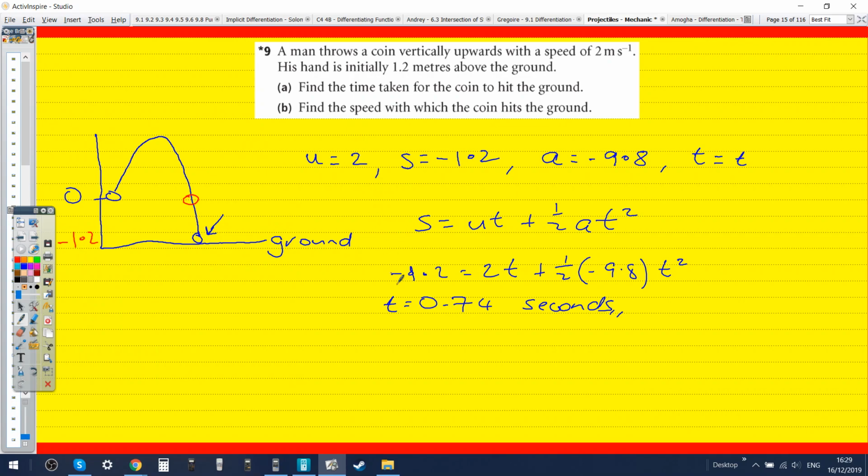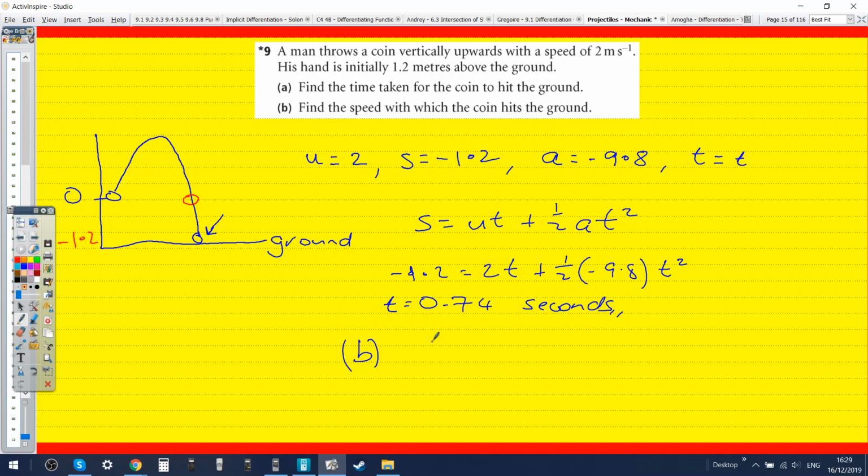And then how would you do part B? Could we use s equals a half times u plus v times t, and then we can solve it for v?